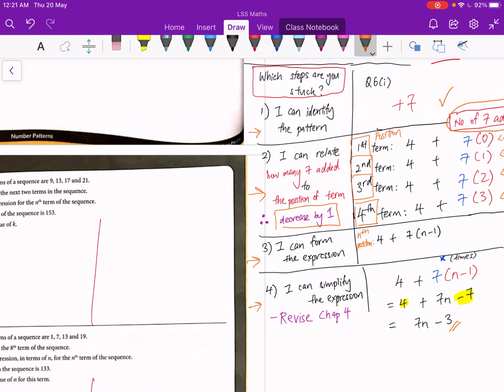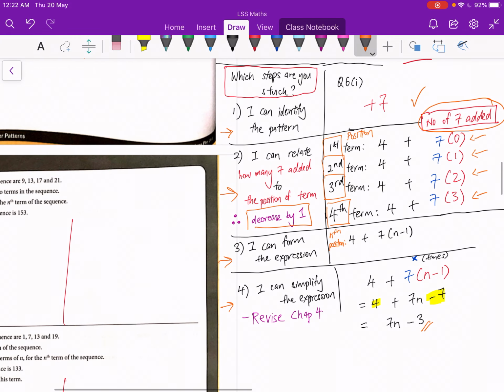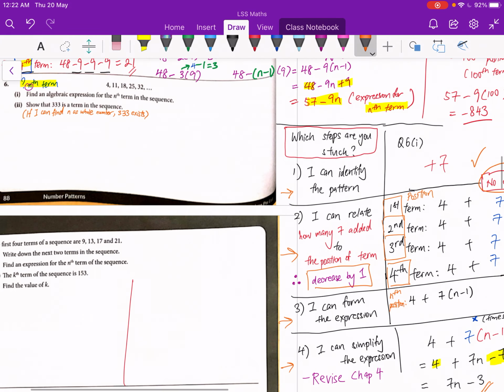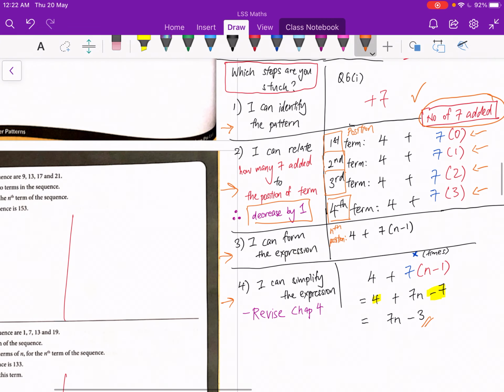I know that some of you have a different method of doing it, and it's much faster. If you can do it in a faster manner, let's go ahead. For this type of question, normally, if you can tell me what the expression is, you are given the 1 mark.